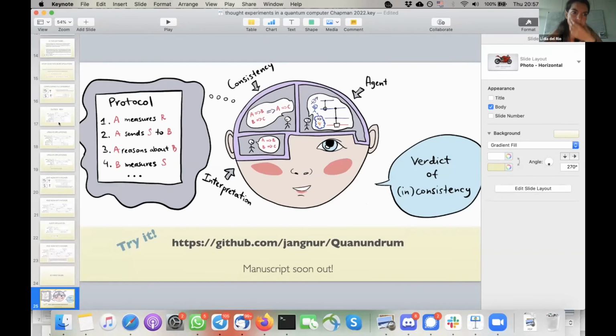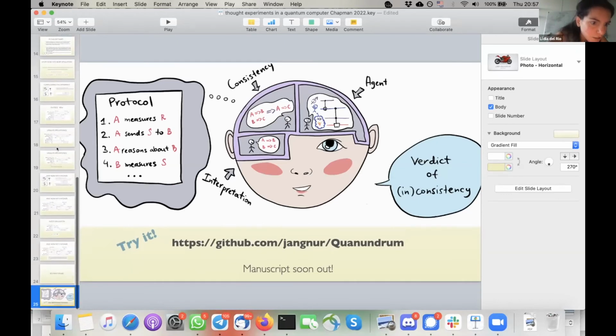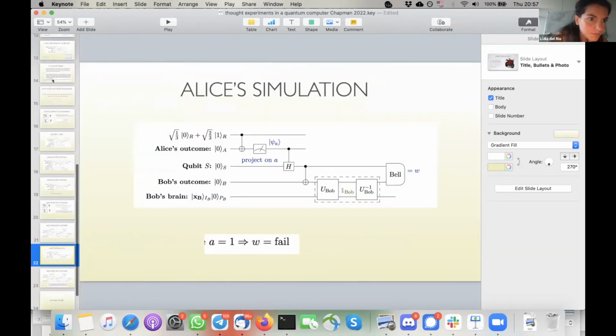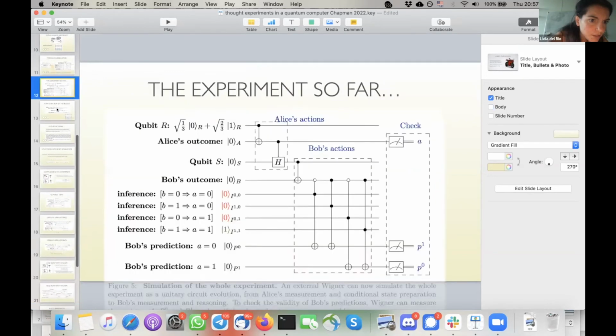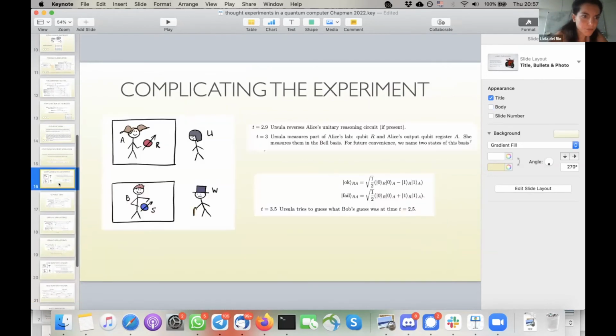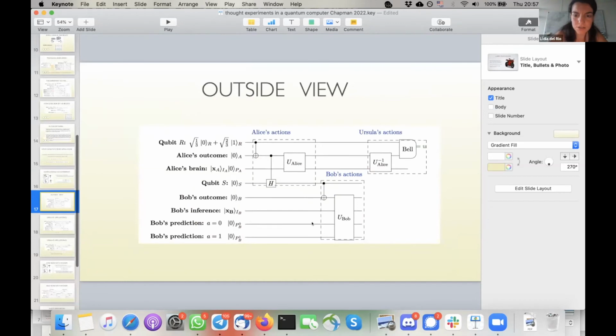Right, right. So if you don't model brains at all, so forget the brain unitaries here, you can do the computation quite quickly, like in 10 minutes or so, to find the contradictions.